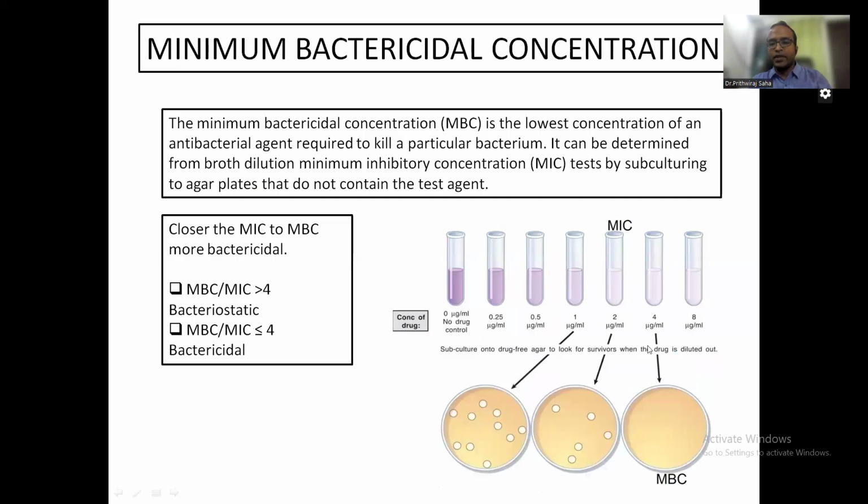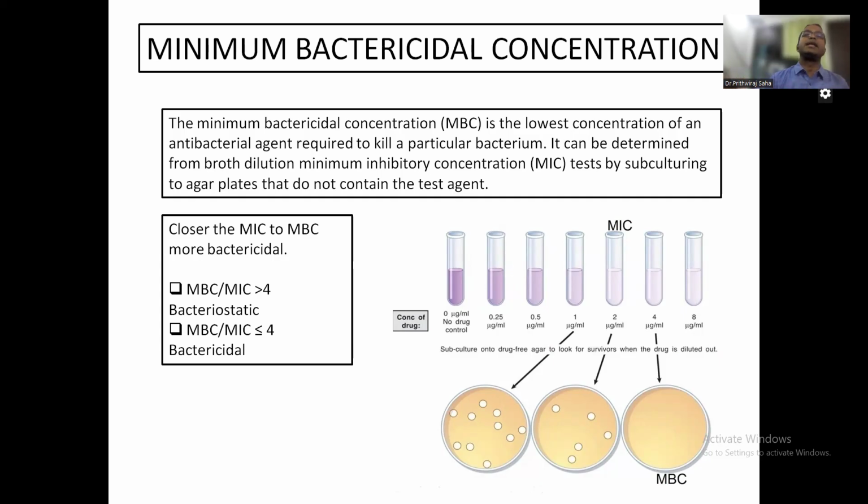In the MIC, there is clearance of the test tube. It's right, the 2 microgram per ml is the MIC here. But when it is recultured in a petri dish, the bacteria is growing. But at 4 microgram per ml, the bacteria is not growing. So the 4 microgram per ml becomes the minimum bactericidal concentration.